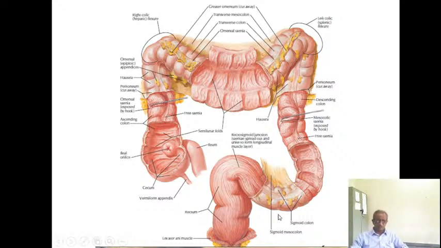This is the anterior aspect, with the taenia libera and, posterolaterally, the taenia omentalis. These form the anterior band on the rectum, whereas the posterior band is formed by the taenia mesocolica.